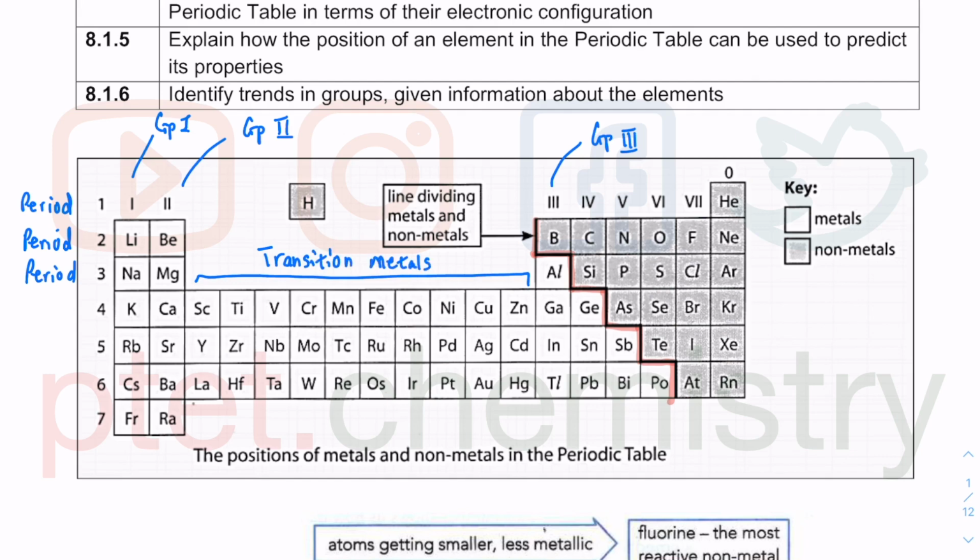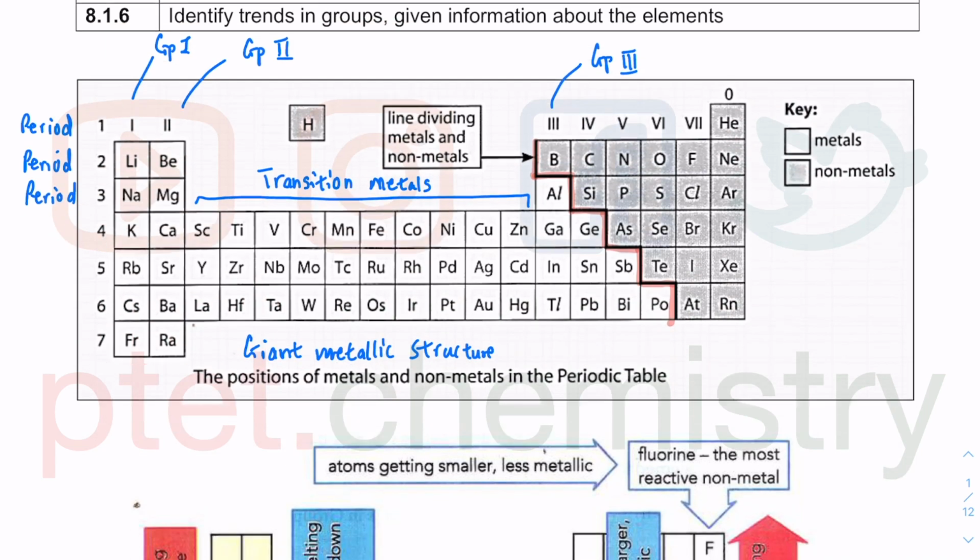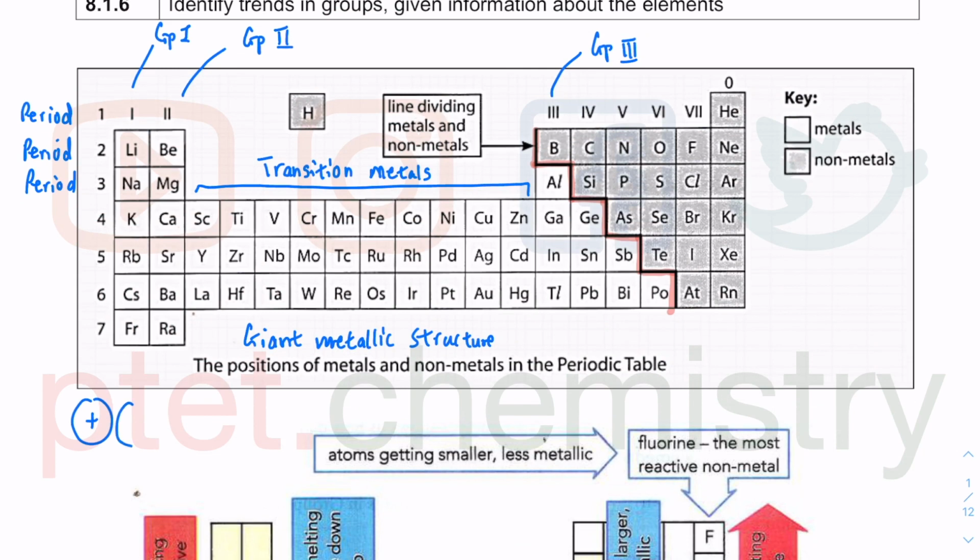All of them are elements, all of them are metals, so all of them have giant metallic structure, because metals have giant metallic structure, where you would describe the metals as layers of cations.